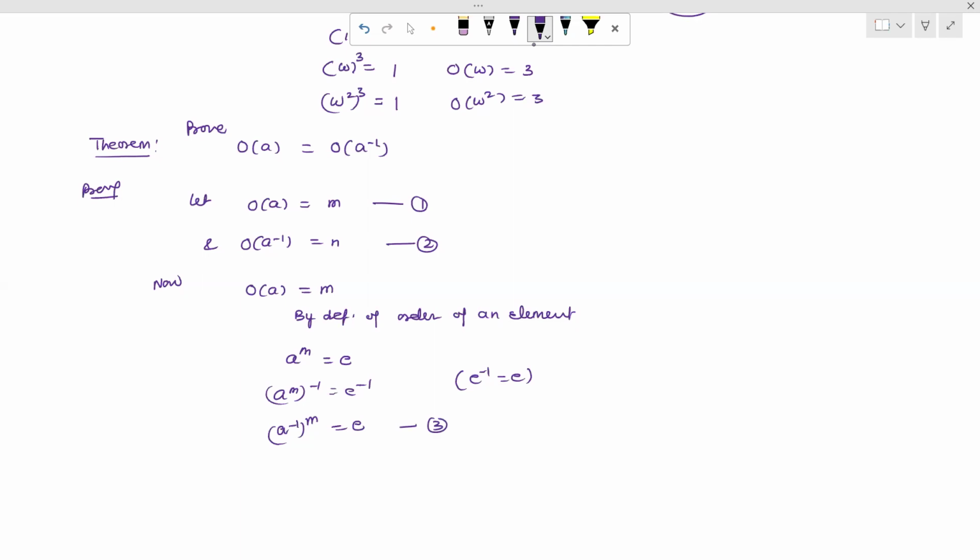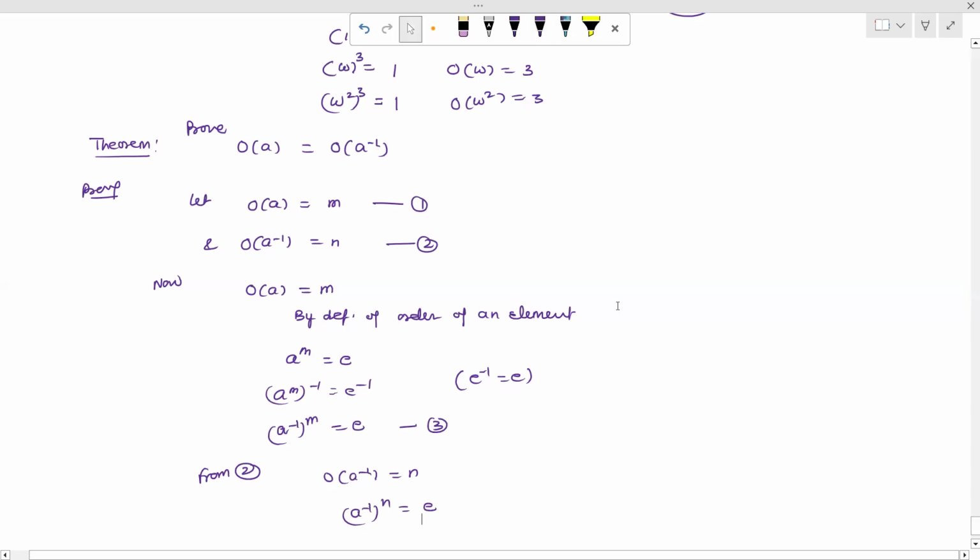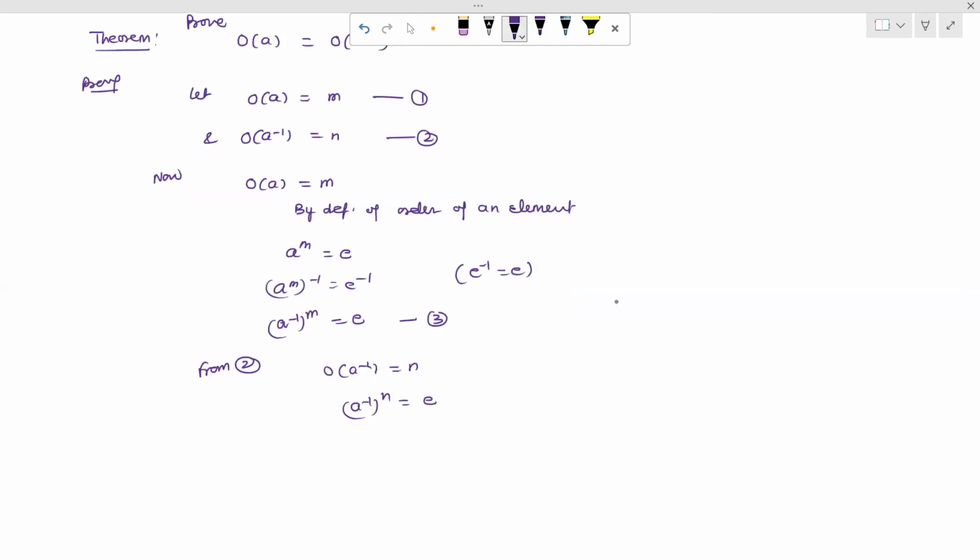Now from equation number 2, the order of A inverse is equal to N. So A inverse raised to the power N is equal to E. This is from equation 2, and this is from the first equation.